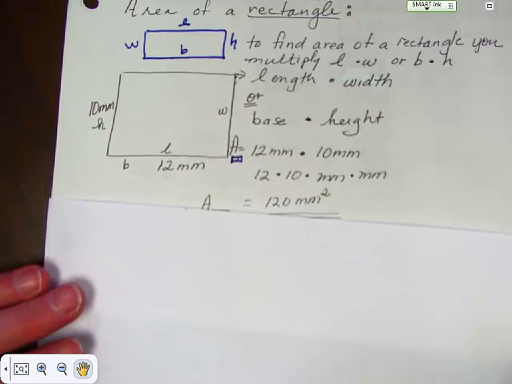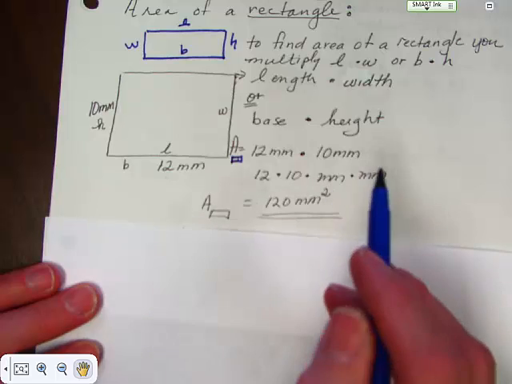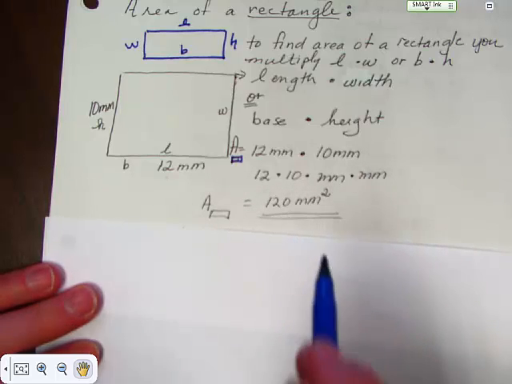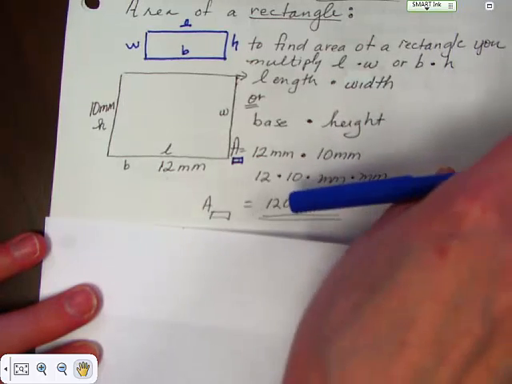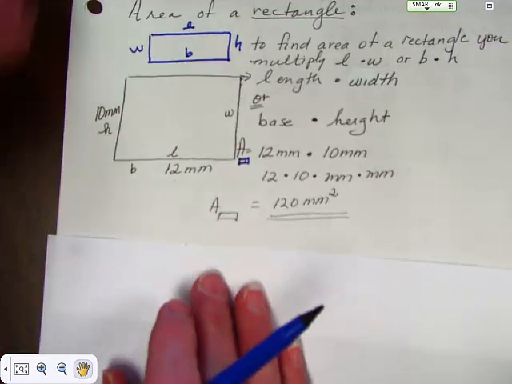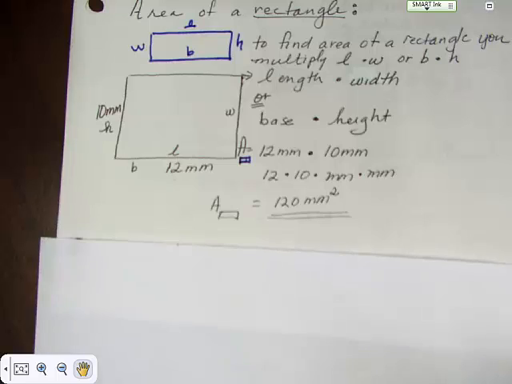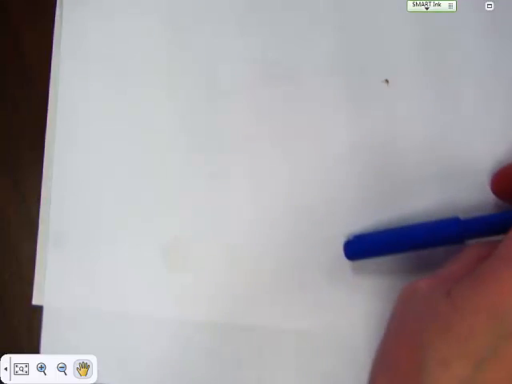And again, we can do the same thing that I did with the square and say 12 times 10 times millimeters, which would give you 120 millimeters squared. So that's really a pretty easy concept and not very difficult. And yes, I know it's a review of stuff you probably already feel like you know. But once in a while, it does not hurt to go over things that you think you know.